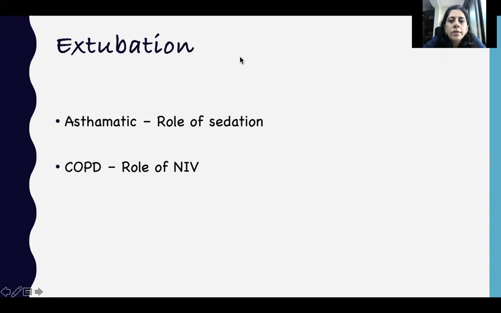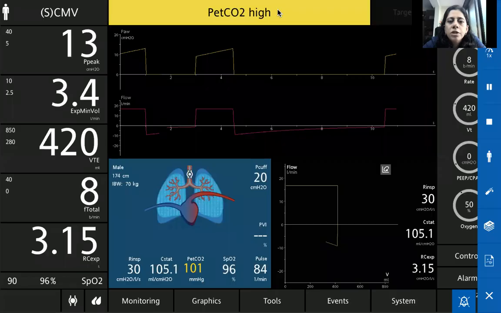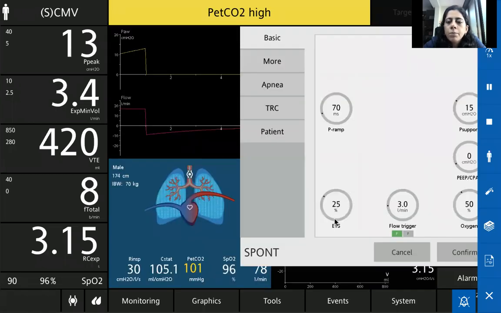Okay, so let's again see this on our simulator. We have now planned to wean this patient, and we are going to change the mode to spontaneous mode, that is the pressure support mode. And of course, the trigger is set.